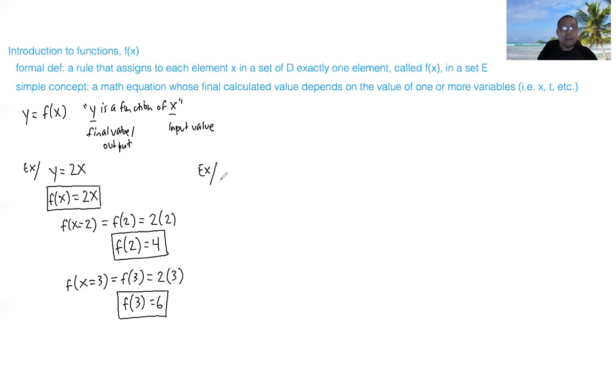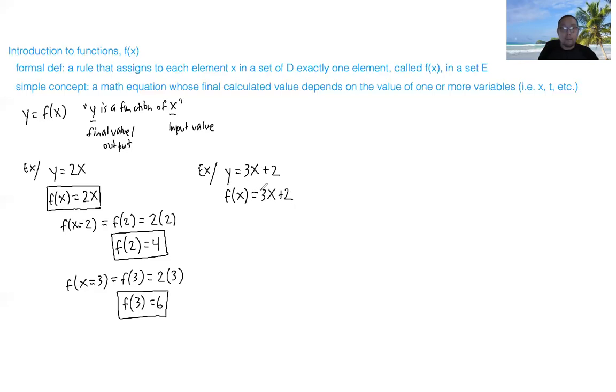Let's say now that I'm going to give you the function y is equal to 3x plus 2. This can also be written, remember, as f of x, because y is a function of x; its final value depends on the value of x that you input. So we can rewrite this as f of x is equal to 3x plus 2.